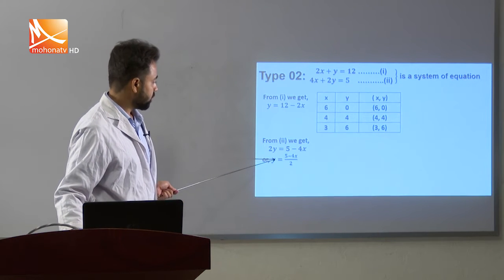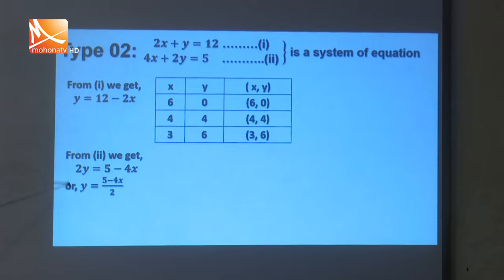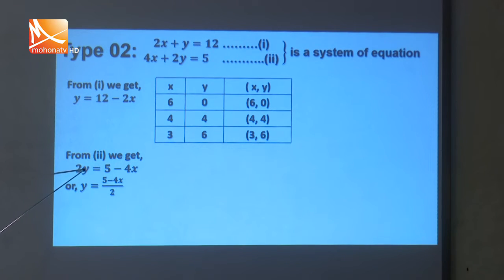Now, we will find some values of y for some values of x from equation 2. Okay. So, from equation 2 we can write 2y equal to 5 minus 4x. Okay. So, y equal to (5 minus 4x) divided by 2, isn't it?